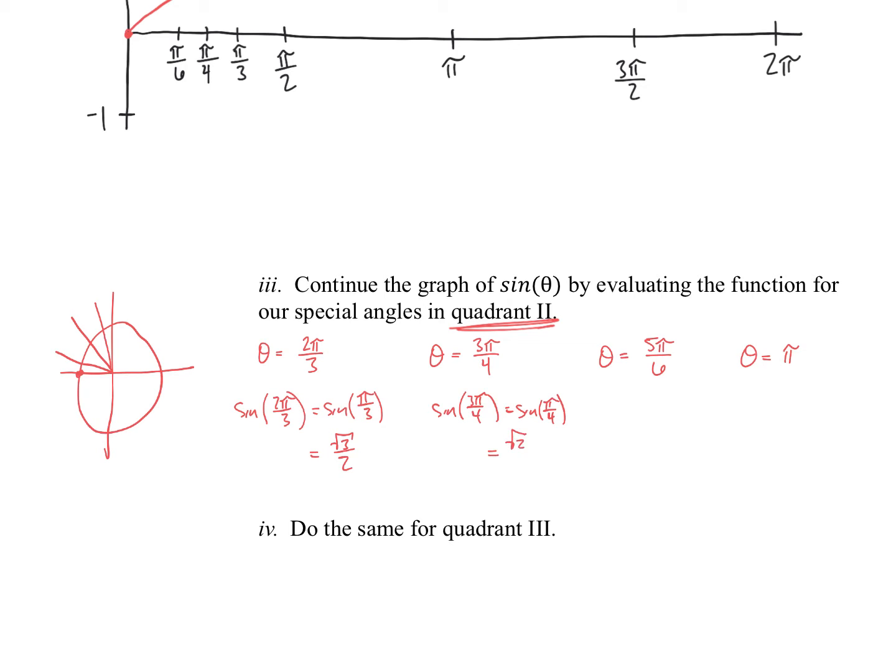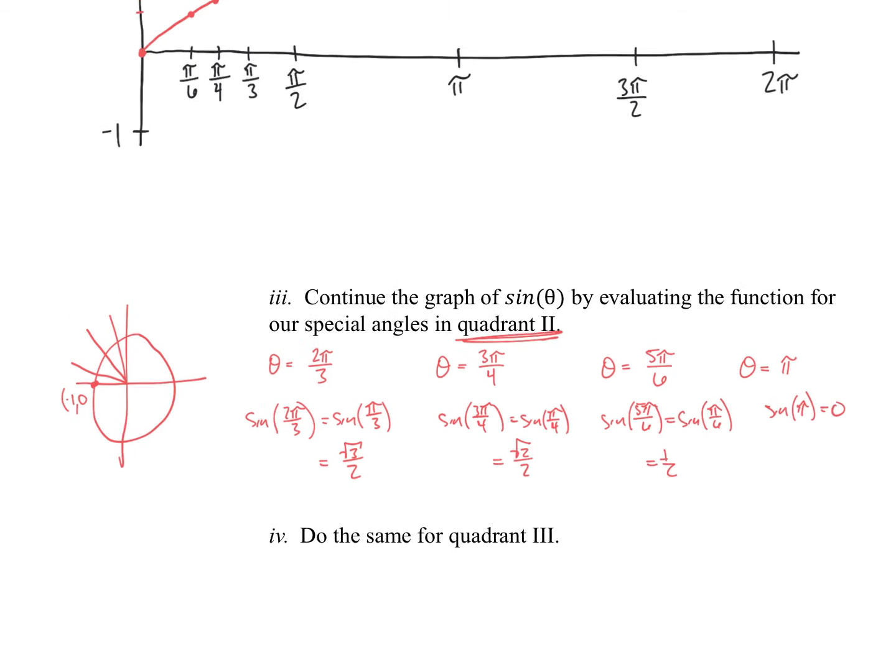That's going to be radical 2 over 2. Same process here for 5 pi over 6. That's going to have the same value as sine of pi over 6, so 1/2. And of course pi is a point that we know very well. That's negative 1, 0. Sine of pi is going to be 0.